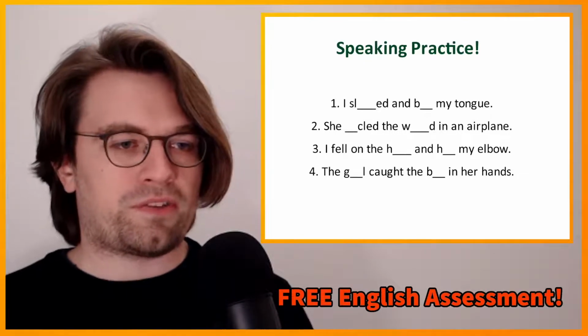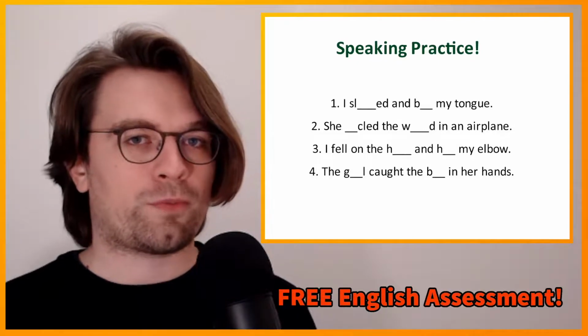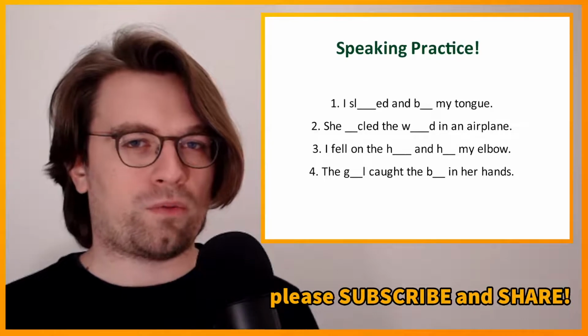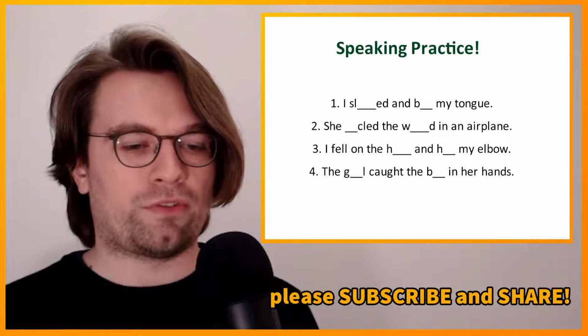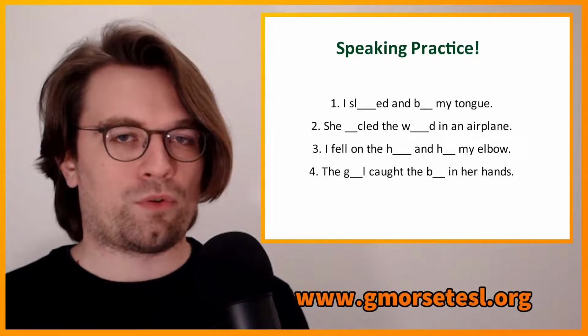So here is our speaking practice. Remember that all of these words are the ones you just practiced, so take a second and try to figure out what are the words that are missing, and try and think about the sounds that you need to use to pronounce them. So let's start with number 1.